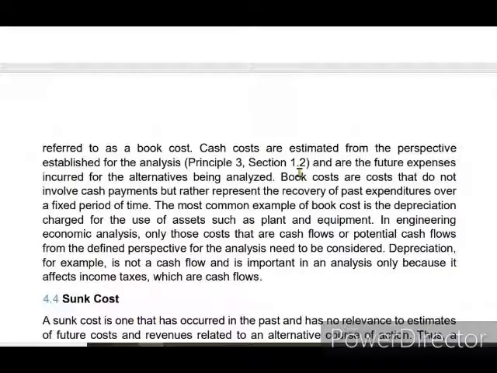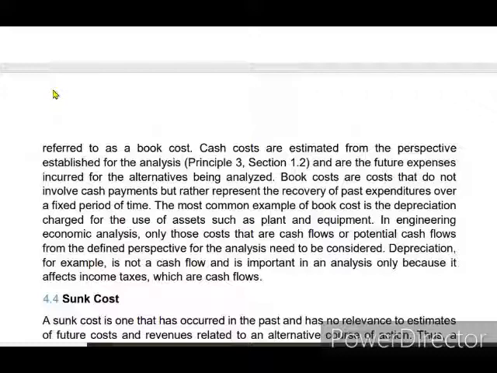So cash costs are estimated from the perspective established for analysis, which is in principle number 3, and are the future expenses incurred for alternatives being analyzed. So cash cost plays an important role in analyzing those future expenses. Book costs are costs that do not involve cash payments, but rather represent the recovery of past expenditures over a fixed period of time.